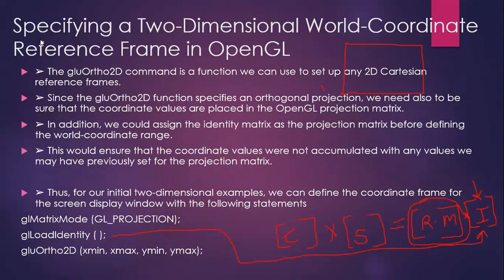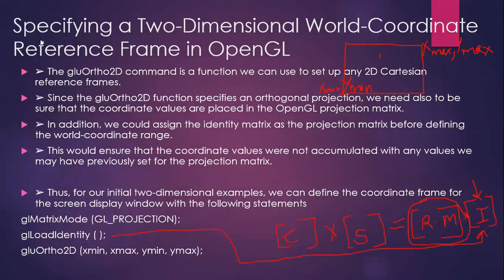For the screen you will have the x minimum value, and that is the boundary you are setting. For the 2D boundary it is y minimum. Suppose you have a 3D boundary, then we will have other values, z minimum and z maximum also. But we are going to consider ortho 2D here, so this is enough: x maximum and y maximum.